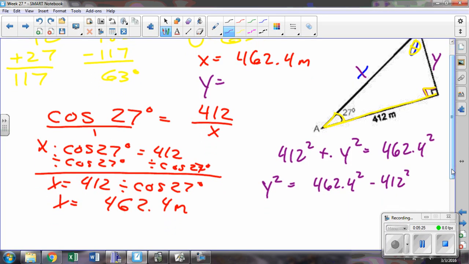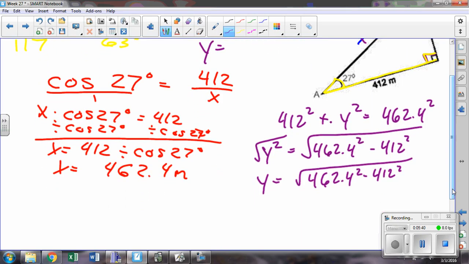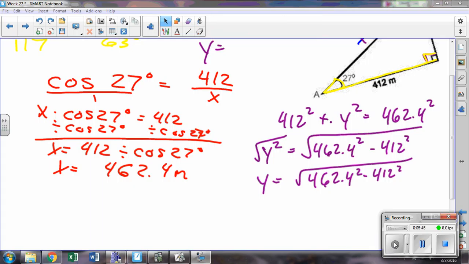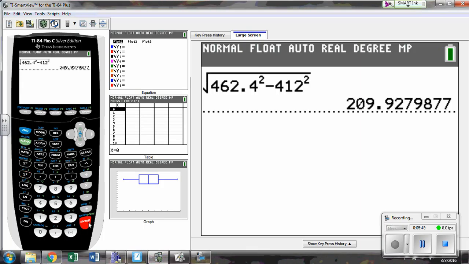And when we take the square root, we'd have something that we could put into our TI calculators, typing it up so that it looks exactly like this. We can save ourselves some of the writing and the number crunching. And when we do that, what do we wind up getting? We see that we get 209.9.